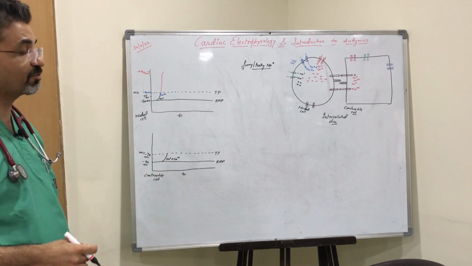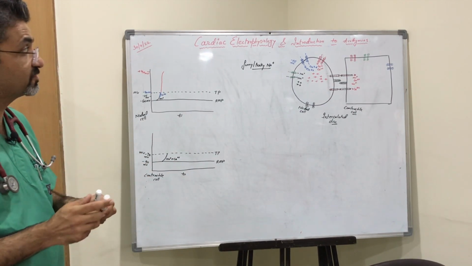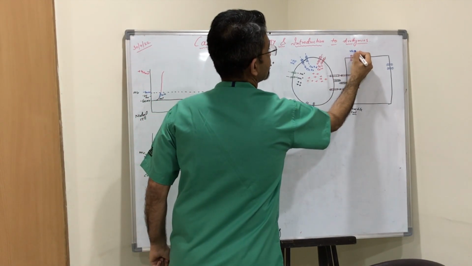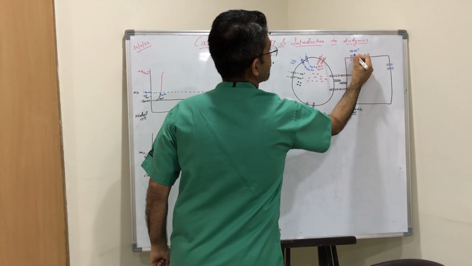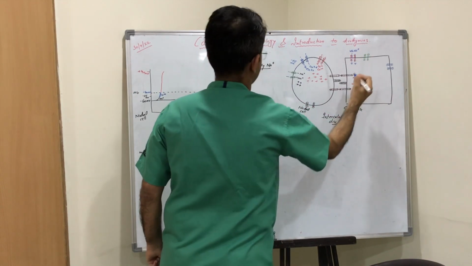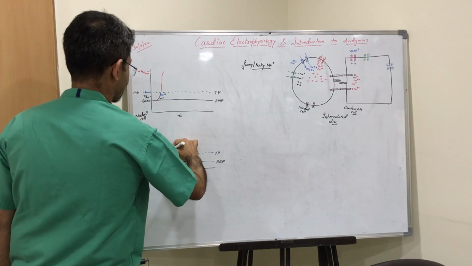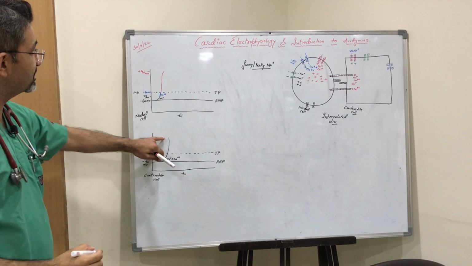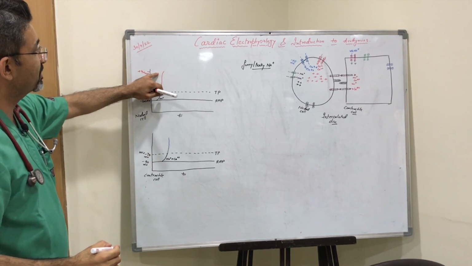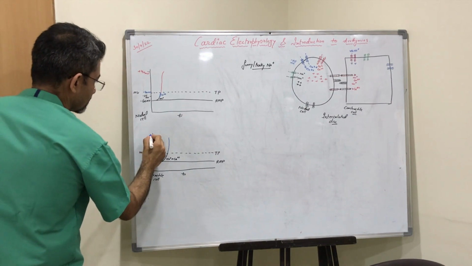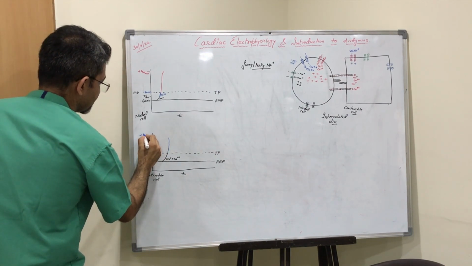At threshold, voltage gated sodium channels open, sodium comes in fast, and the action potential rises. But it doesn't rise as in the nodal cell. It rises up to plus 10 only.